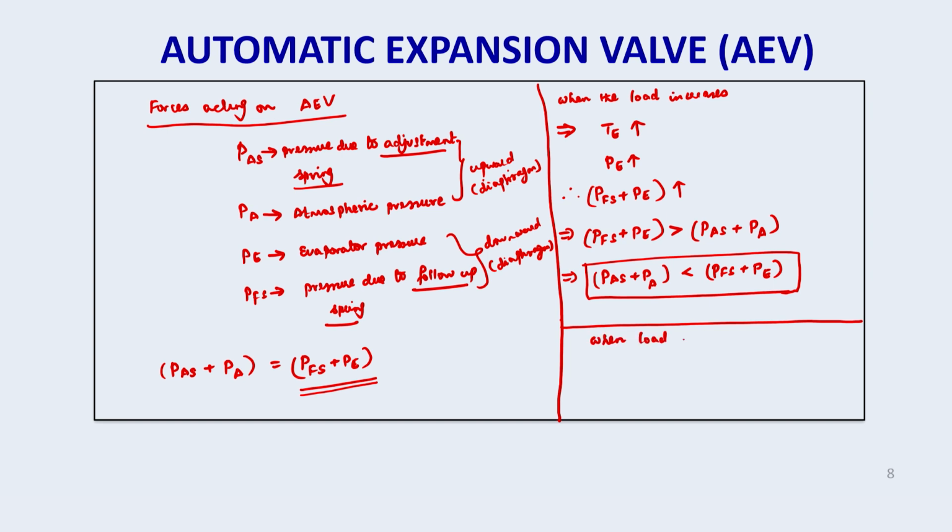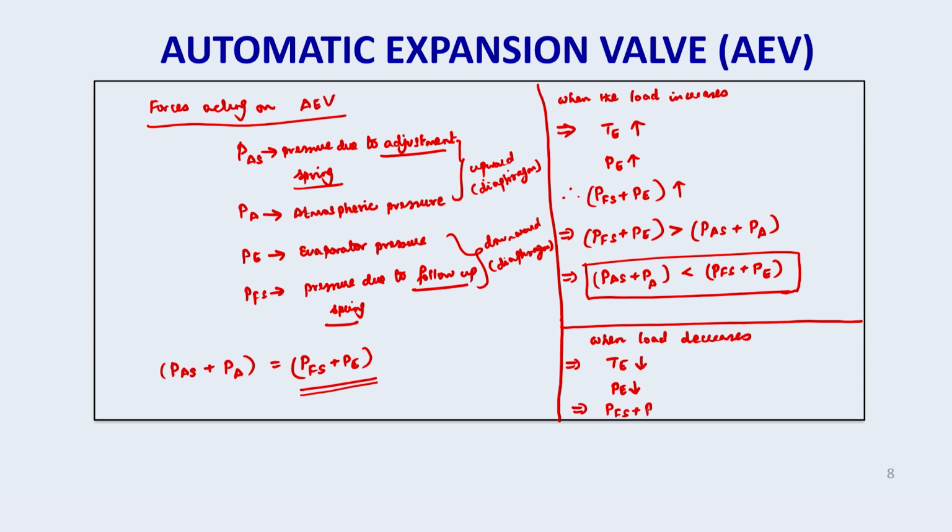When load decreases, the evaporator temperature will decrease, which will decrease the evaporator pressure. When the evaporator pressure decreases, this term will decrease. The summation of force due to follow-up spring and evaporator pressure will decrease.